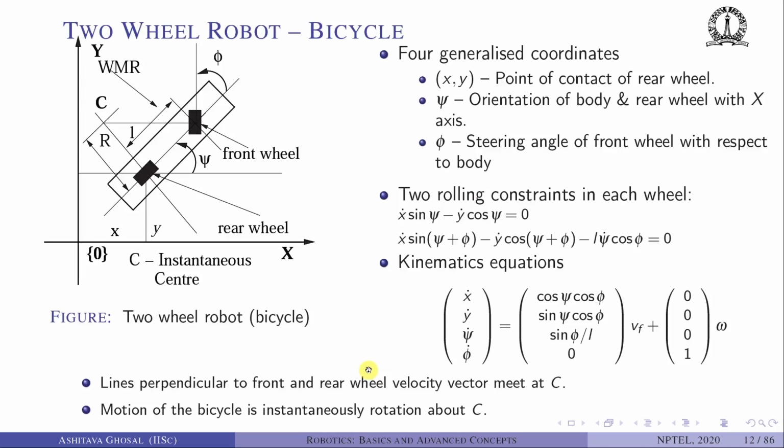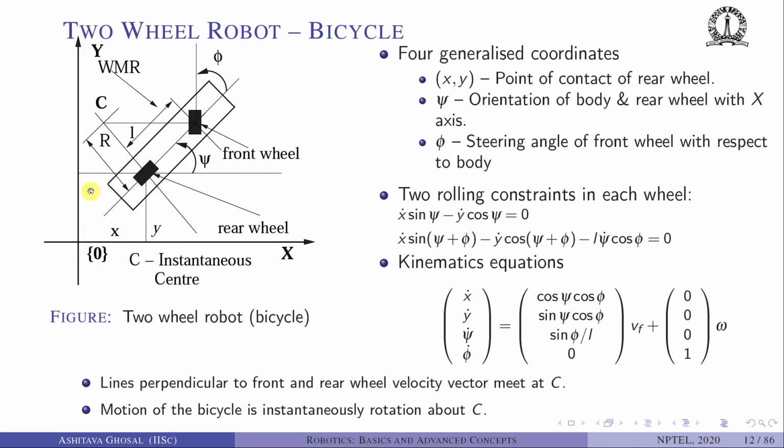Let's look at a two-wheeled mobile robot. A two-wheeled mobile robot is nothing but a bicycle. In a bicycle, we'll have four generalized coordinates. One is x, y, which is the point of contact of, let's say, the rear wheel. Psi is the orientation of the body and rear wheel with respect to the x-axis.